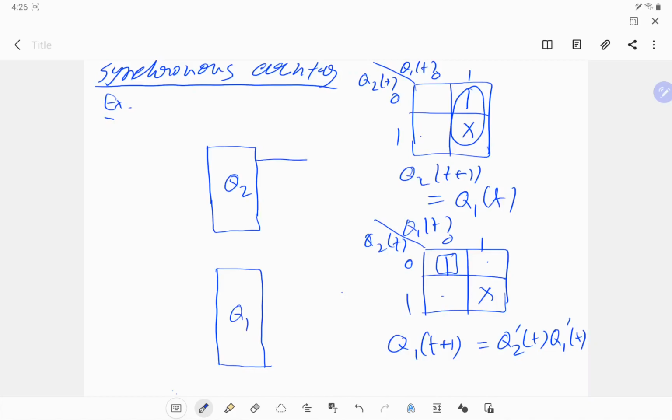So now we got here D and the clock pulse, and they have a common clock pulse. Then we have Q and Q prime.